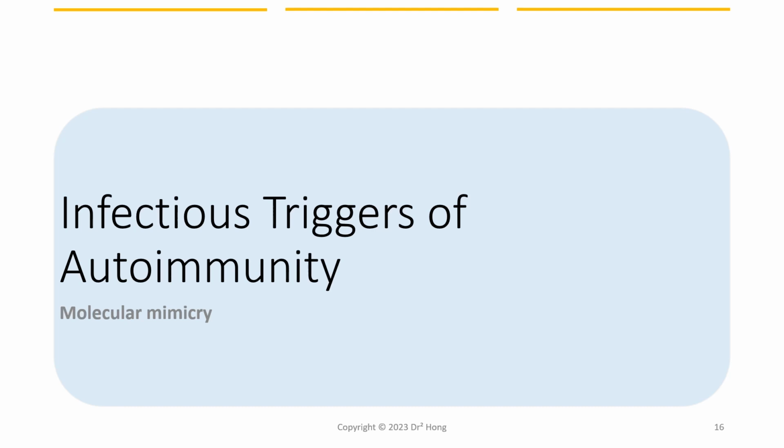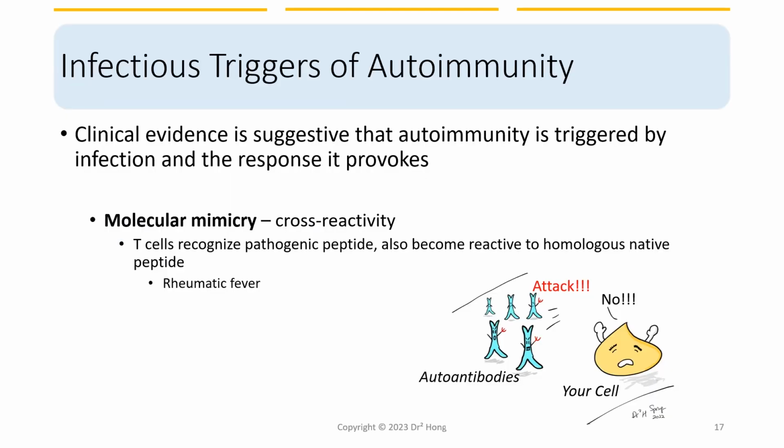Here we are going to look at how infections can sometimes trigger autoimmunity through the mechanism called molecular mimicry. One of the potential triggers for autoimmunity is infection through a mechanism called molecular mimicry. In molecular mimicry, there is cross-reactivity between self-peptide antigens and pathogen peptide antigens.